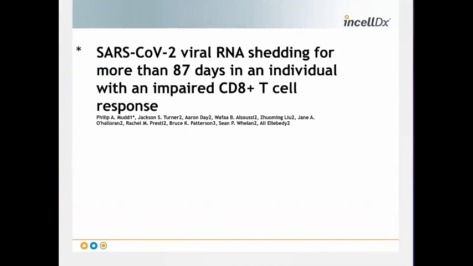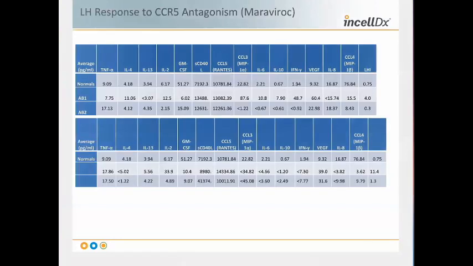And what was really interesting is 25% of long haulers, months and months and months after acute COVID, still have low CD8 percentages. And again, that seems to be a factor that can contribute to viral persistence.